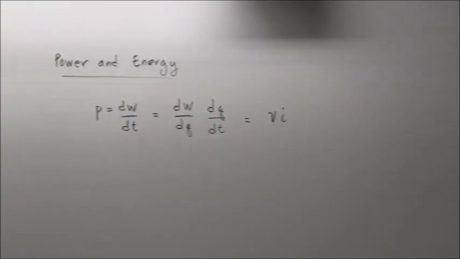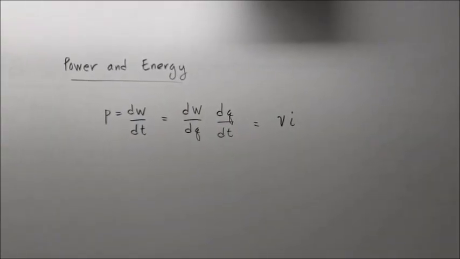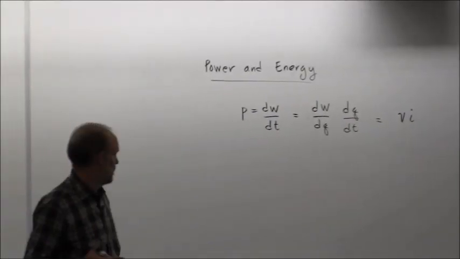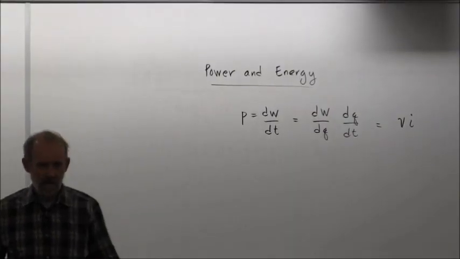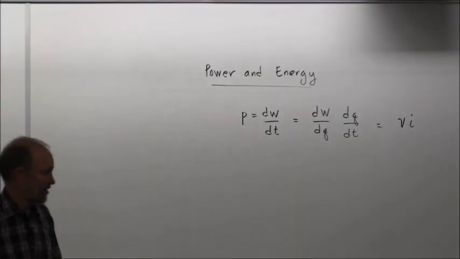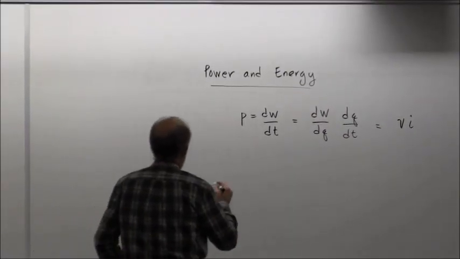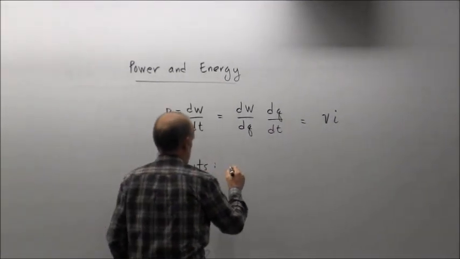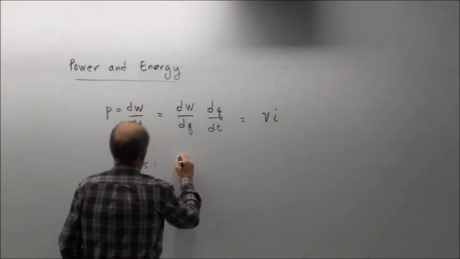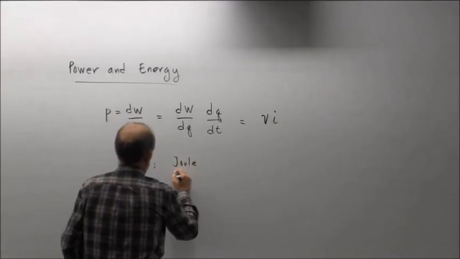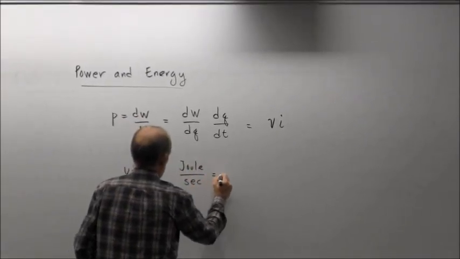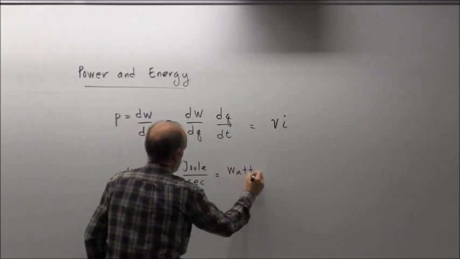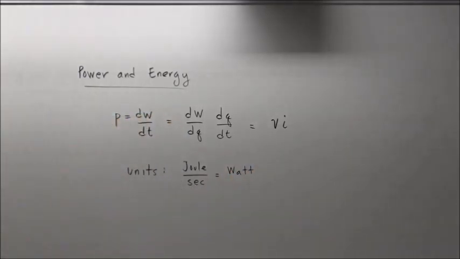So in the future, anytime I ask the question, what's the power associated with an element, all you need to do is multiply V and I together. Again, I'm assuming this is all review that units are joules per second, or more commonly called a watt.